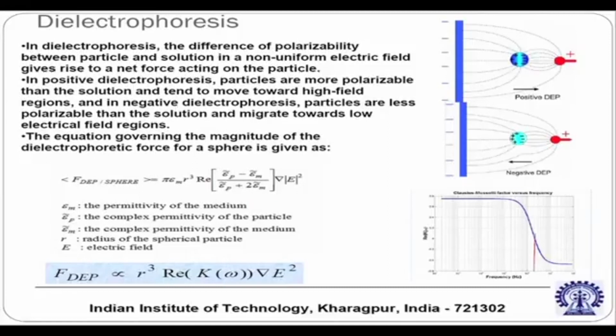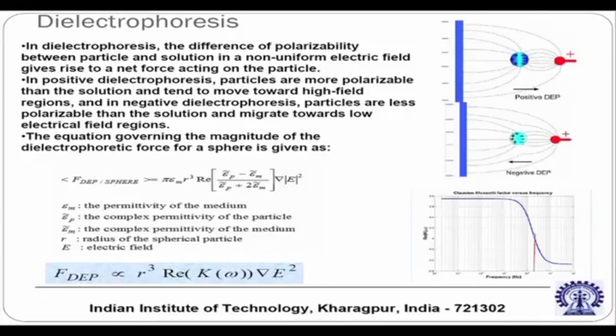Now, because the particle is moving relative to a solution, there must be a force acting on it. The expression for the dielectrophoretic force, its time average, is given by this formula. This is a very well established formula, and there is a fundamental proof of this.